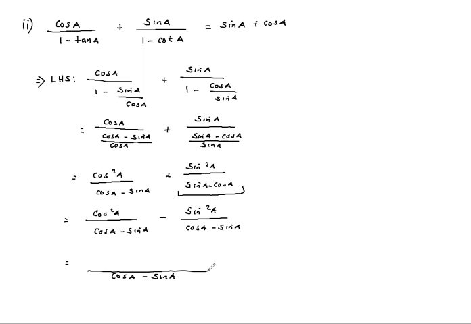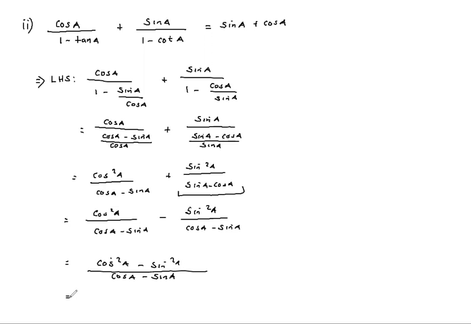Then get the denominator now, and we're saying cos A minus sine A over itself, you get 1, so you have cos squared A minus sine squared A. But this is the same as what?